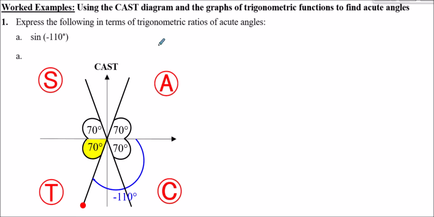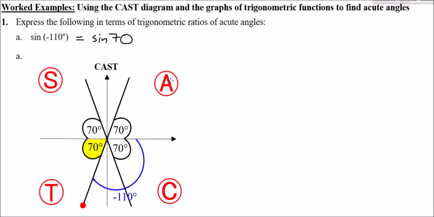So what we can say here is that sine of minus 110 will relate in some way to sine of 70. Either it's going to be exactly the same as each other, or this might have a minus sign in front of it. So in terms of deciding if it's got a minus sign or not, all we need to do is to consider the quadrant it's in.